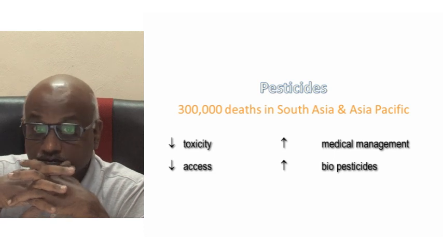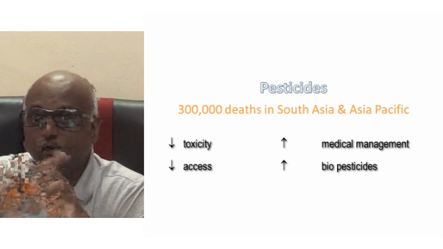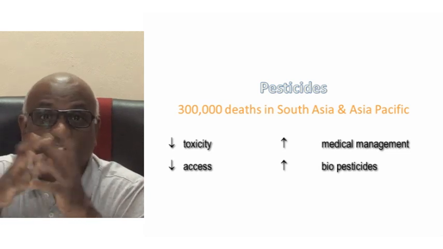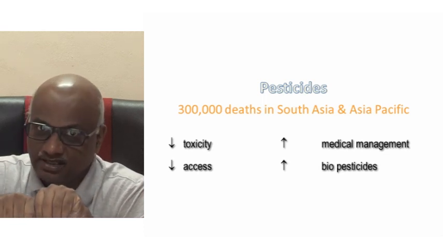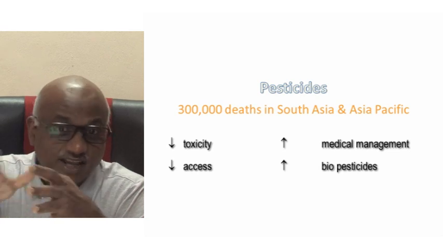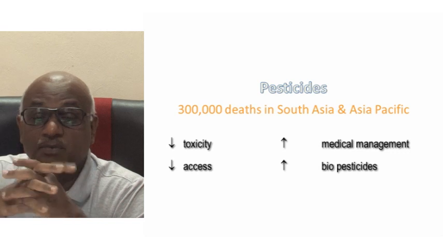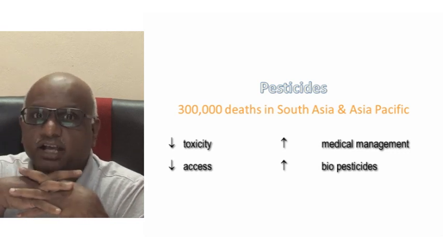So that's a problem. And then again, access to poison. If poison is locked up in a cupboard with the key somewhere else and no easy access, again, the chance of suicide is going to be less. But if the bottle is lying there somewhere in the corner, then the chance of me taking it when I'm impulsive is very high. So there have been methods that have tried to do that.